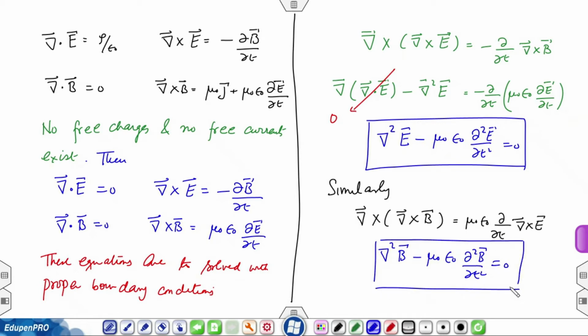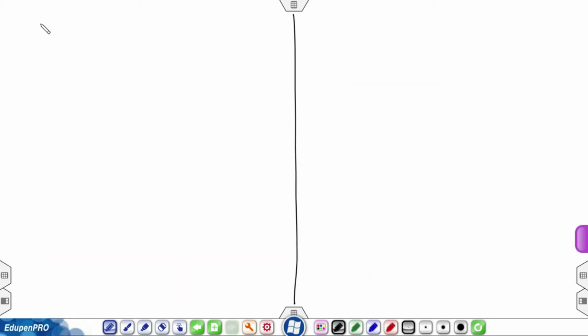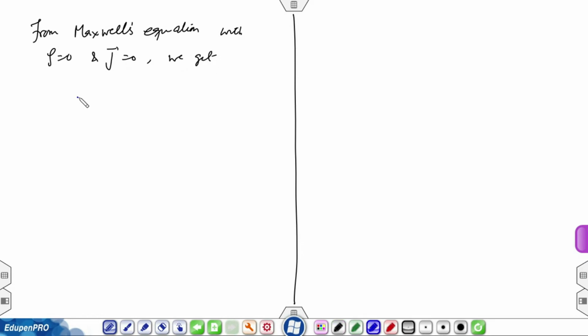So, these are wave equations, and the solutions will propagate like waves. So, from Maxwell's equations with rho equals 0 and j equals 0, we get the wave equation for B and E.